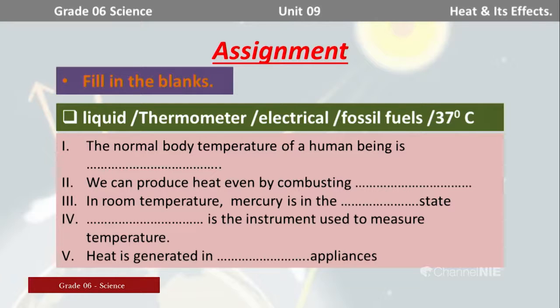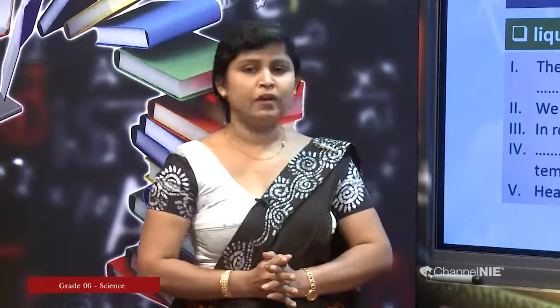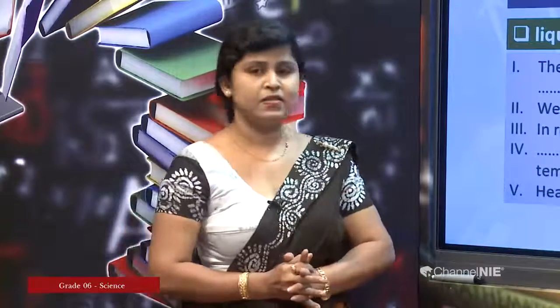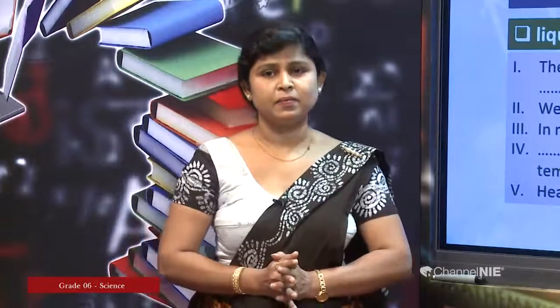Fourth one, there is a blank at the starting point of the sentence, the instrument used to measure temperature. Then heat is generated in blank appliances, right. I am sure that you have got your writing book and the pencil in your hand. Now take 1 minute to note down the questions and the answers, right. After that I am going to discuss the answers.